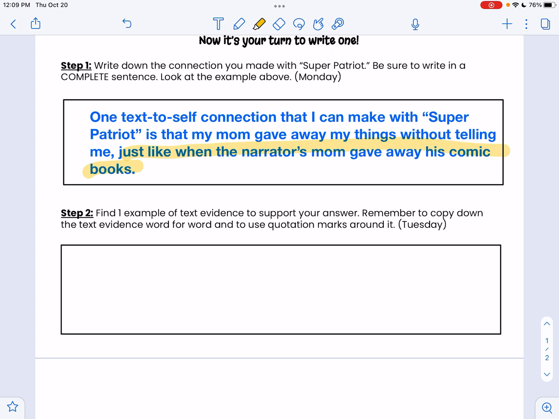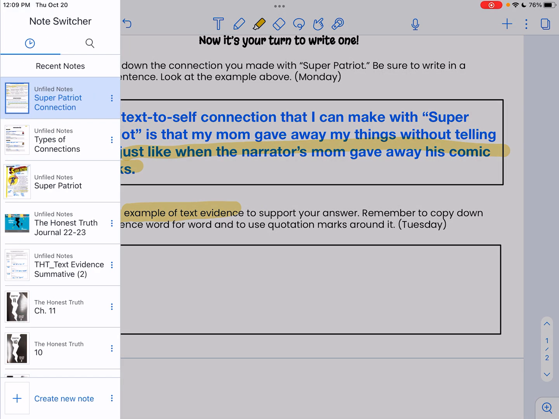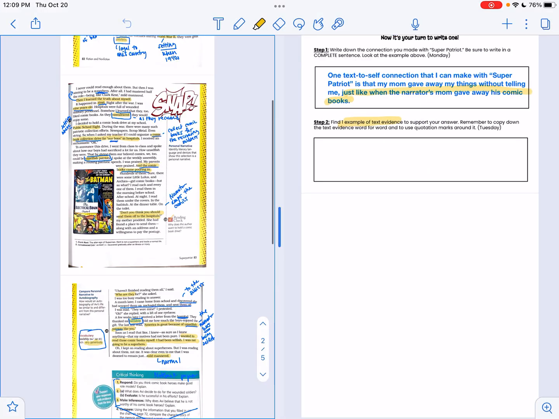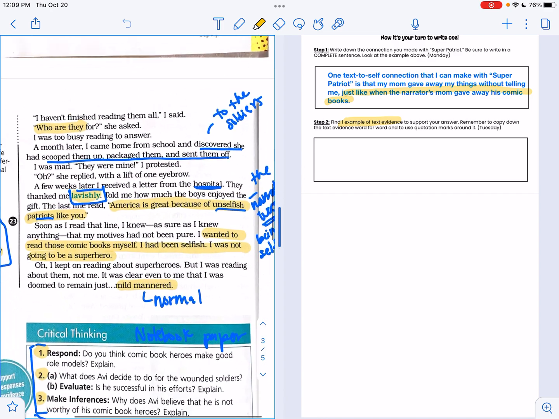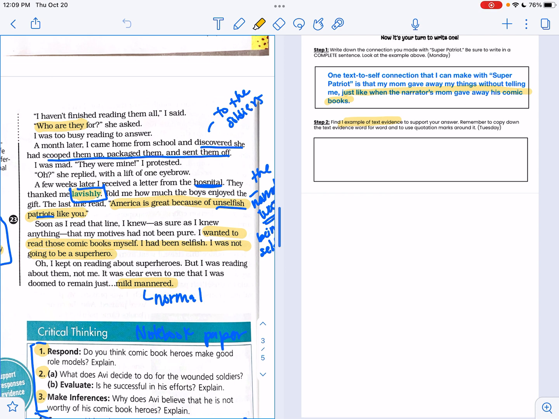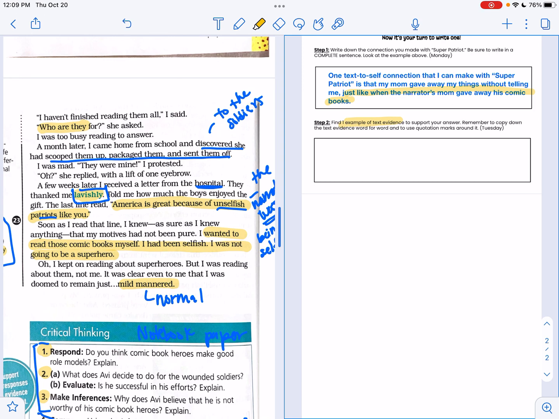In step 2, I need to find one example of text evidence that supports my answer. Remember to copy down the text evidence word for word and to use quotation marks around it. Okay, I have to go back to the story. And I need to find the part in the story where the narrator's mom gave away the comic books, which is on the last page. I underlined it. "A month later, I came home from school and discovered she had scooped them up, packaged them, and sent them off."